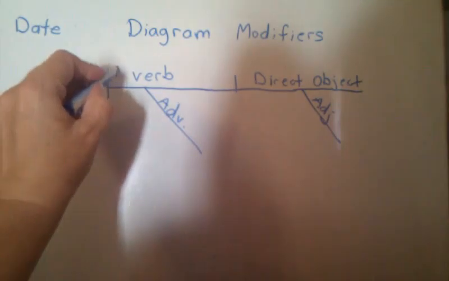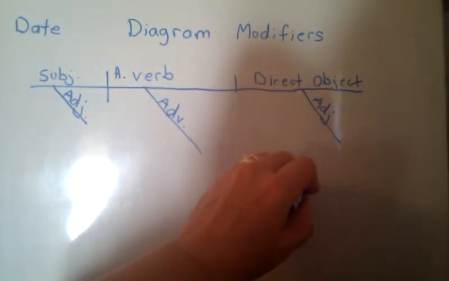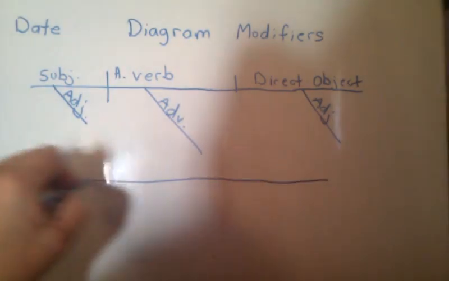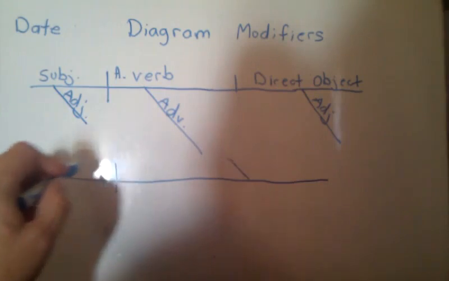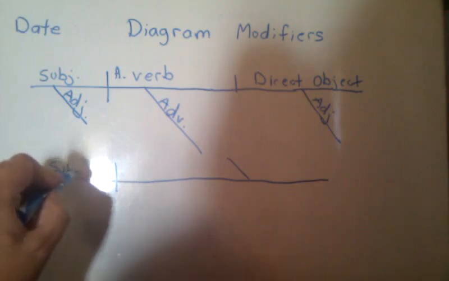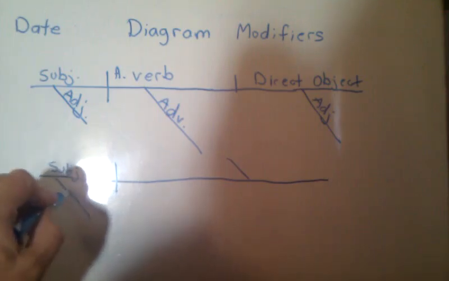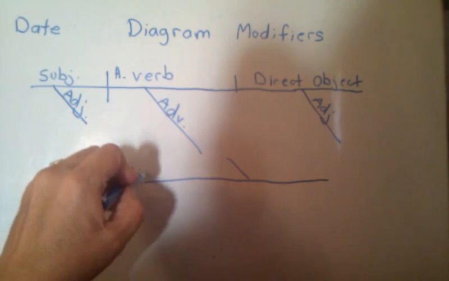By the way, this is an action verb. And on the same token, if my diagram is like this, subject, this is still going to be an adjective, and this would be a linking verb.